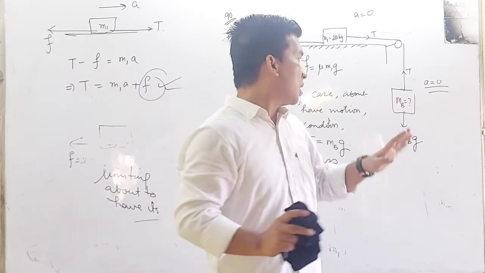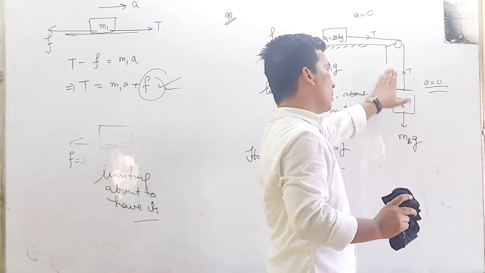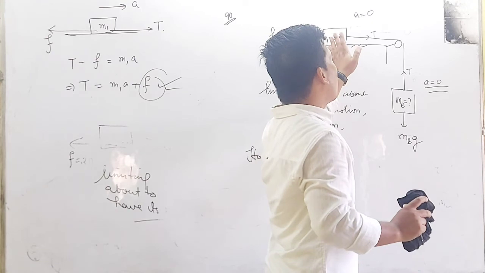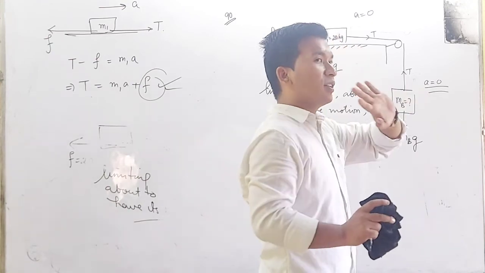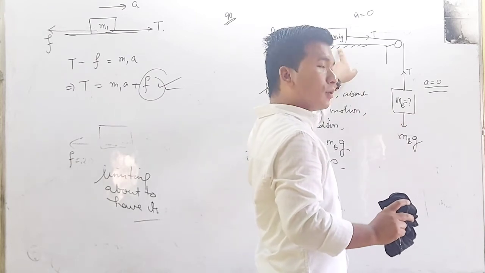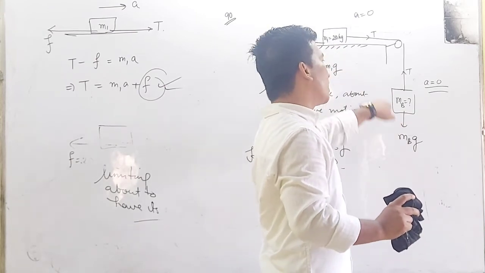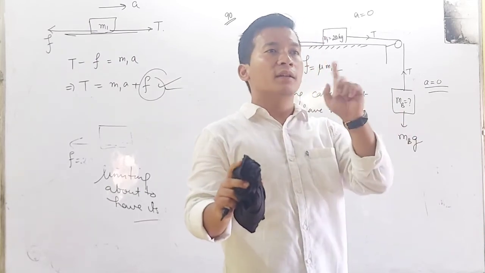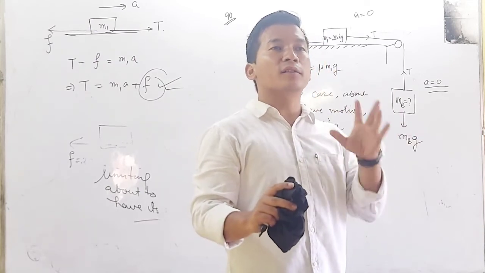If the hanging mass is descending, the horizontal mass cannot be at rest. If this is at rest, this must also be at rest. If this is moving, this must also be moving, because they are connected through a string.